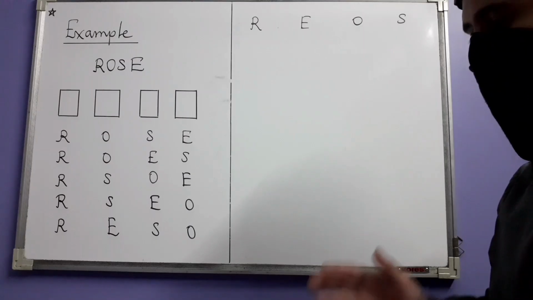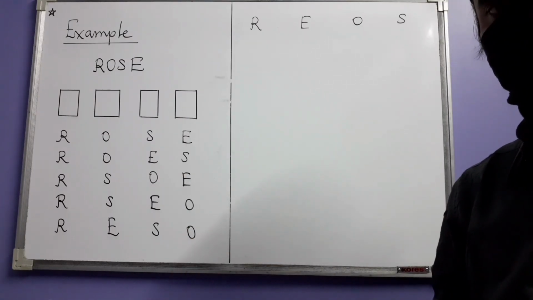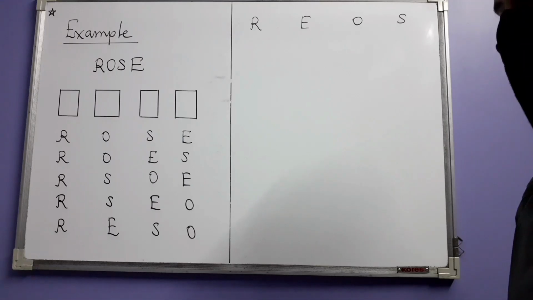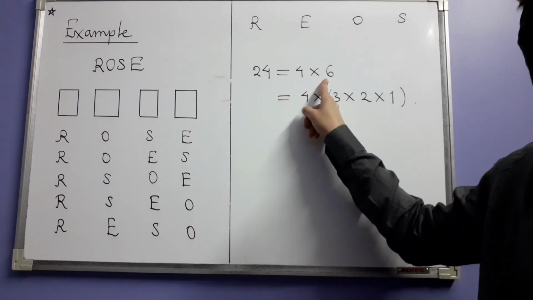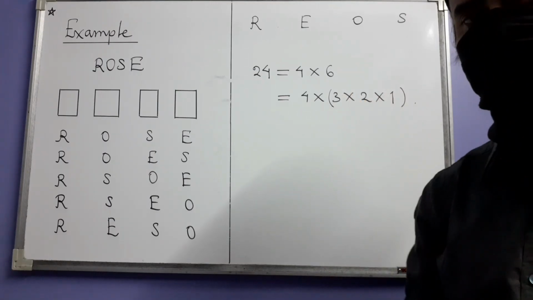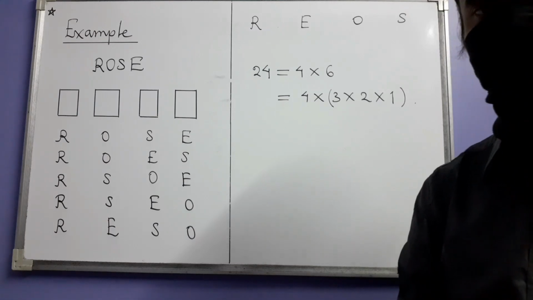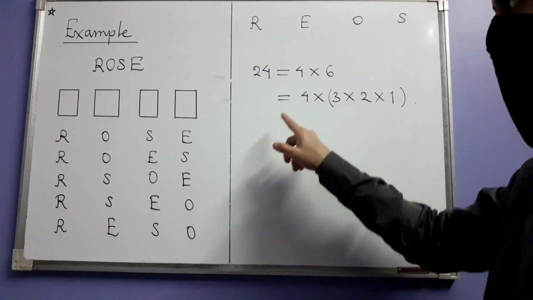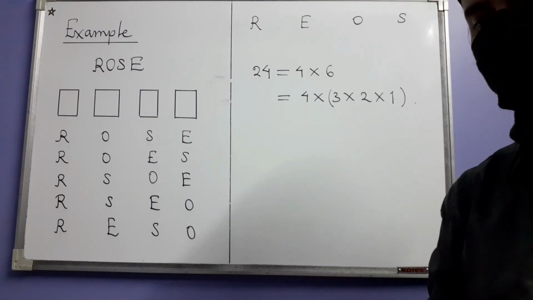So the total number will be 4 times 6, or let me just write it down. It's 24, which is 4 times 6, or this. I have put this within parentheses to indicate that it comes from a previous calculation. So a nice pattern you are seeing emerging here: 4 times, 3 times, 2 times, 1.